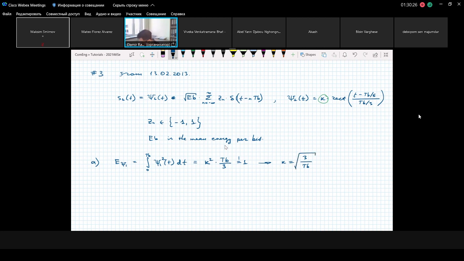This is the value for amplitude K, and we can show how the basis function will look.